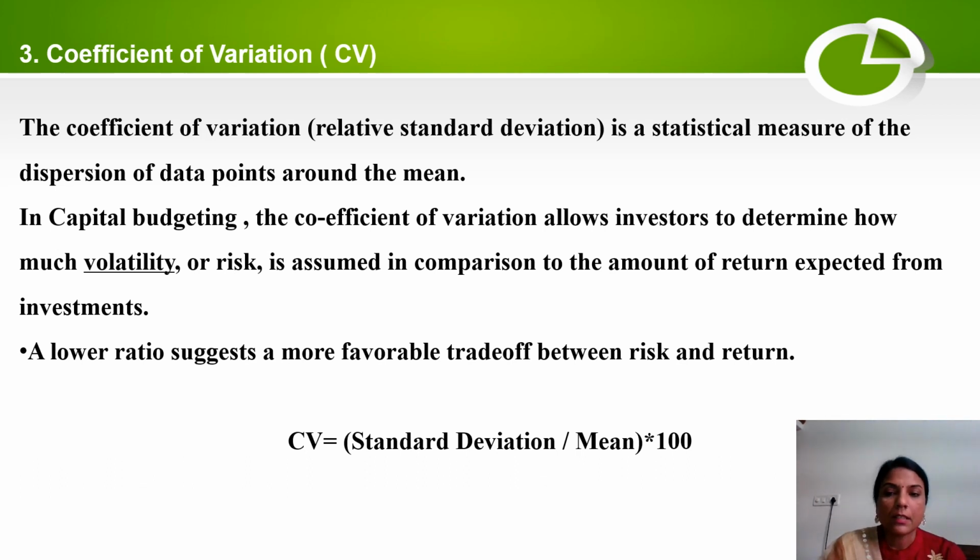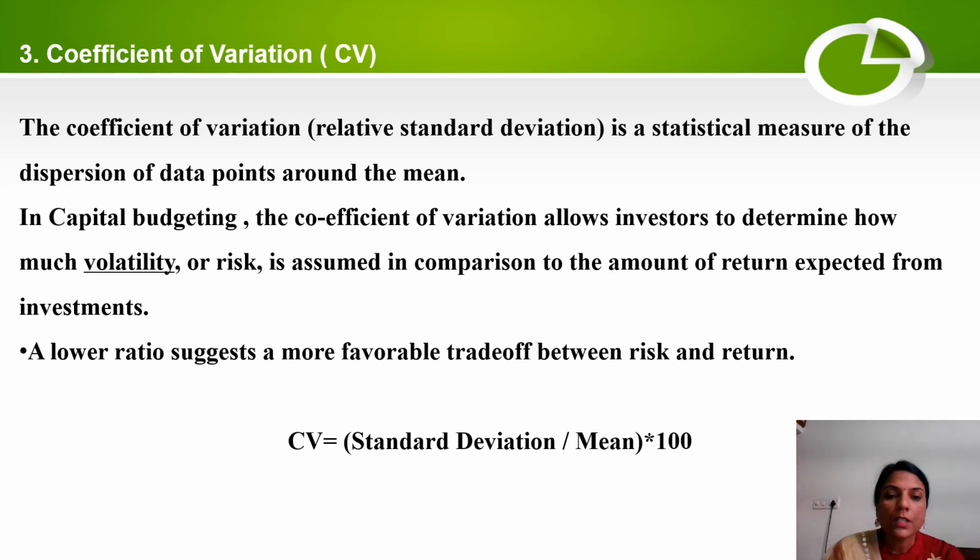It is a statistical measure of the dispersion of data points around the mean. In the capital budgeting process, the coefficient of variation allows investors or finance managers to determine how much volatility or risk is assumed in comparison to the amount of return expected from that particular investment.